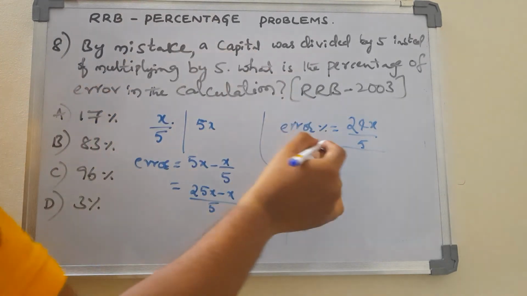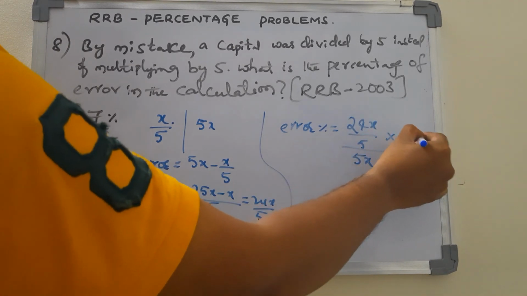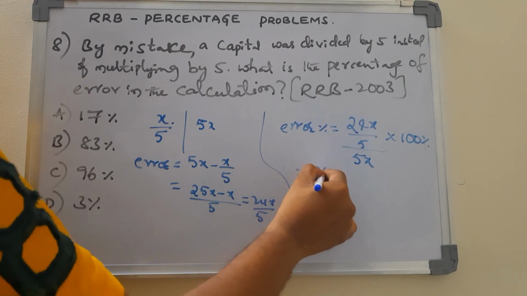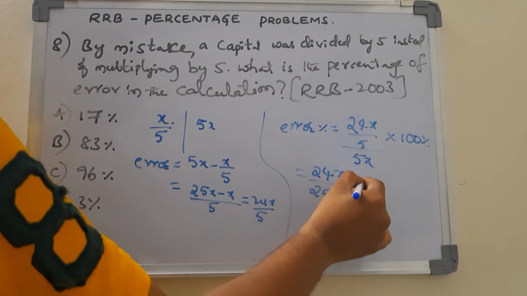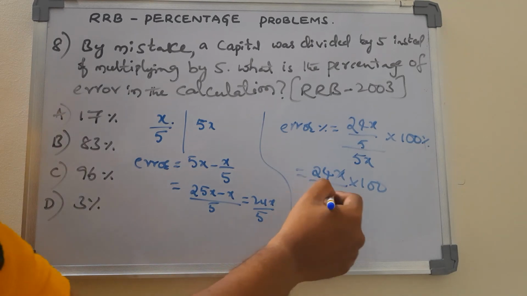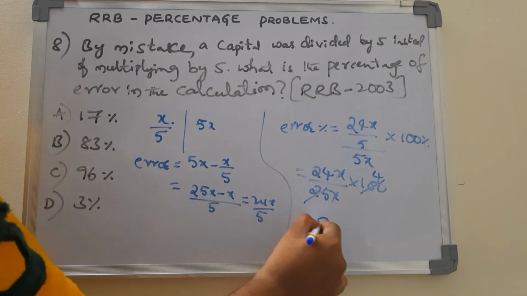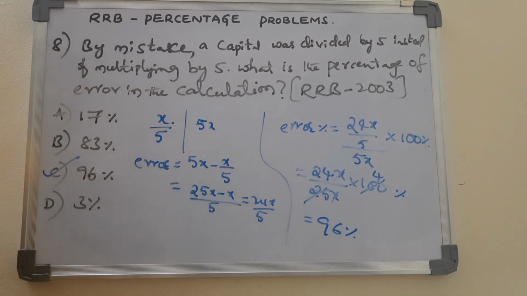Multiplication by 5, so write down 5x as 100%. So 24x by 5 into 5, 25x, into 100. X cancels, right? 24 into 4, 96%. So the answer is 96%.